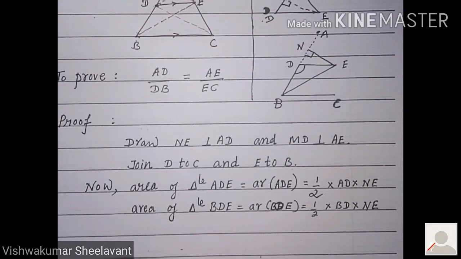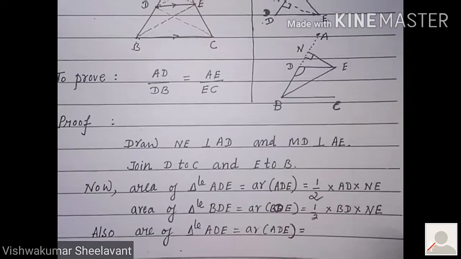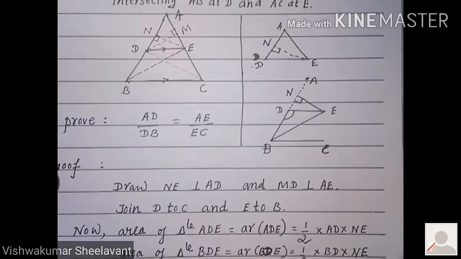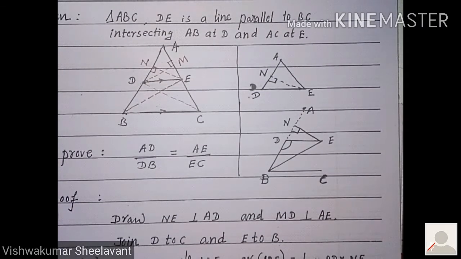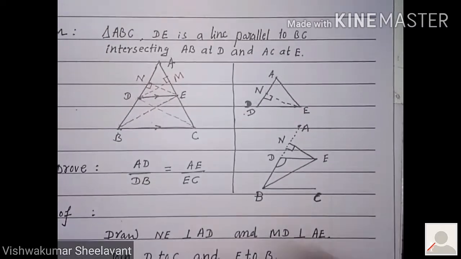Can you write area of triangle ADE in other way also? Can you make use of some other base and some other altitude and write area of triangle ADE? Look at this figure once again.